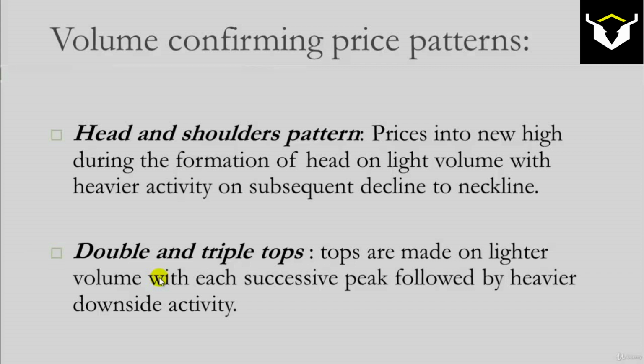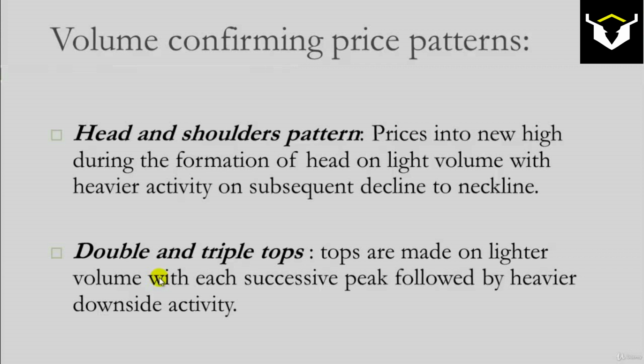But an important point to be noted is that every time prices pull back to the neckline, the pullback is usually made on higher volumes, and then a breakout below the neckline occurs on extremely high volume. If there is any pullback, then such a pullback is made on lighter volumes.